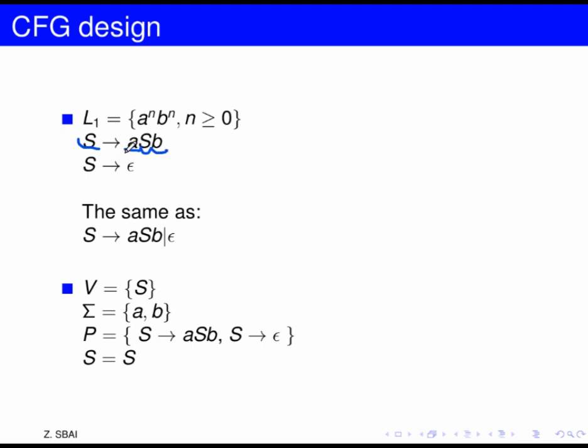The first one is A, the second one is S, and the third one is B. And we will see here that this definition is recursive, and we will stop the recursion here by S substituted to epsilon. This is the same as writing S derives A S B, or epsilon. We can use this vertical bar here to say that this is another production for the variable S.